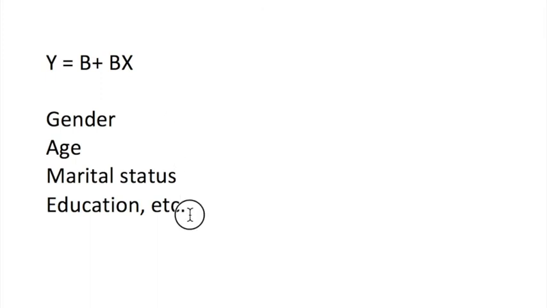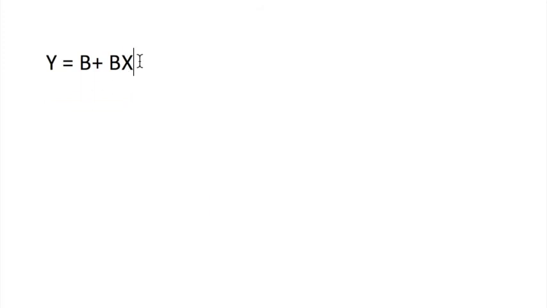So, to ensure that our estimation is not biased, we take account of other factors that are likely to impact on consumption expenditure, and we include that in our model. That is often referred to as the disturbance or error term.